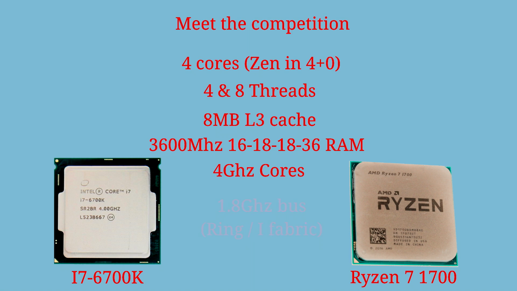Also, and most importantly, the thing that really sets this testing apart from everyone else's is I have taken into account the bandwidth differences between Skylake's Ring Bus and Zen's Infinity Fabric. Both the Ring Bus and Infinity Fabric are 32 bytes wide.